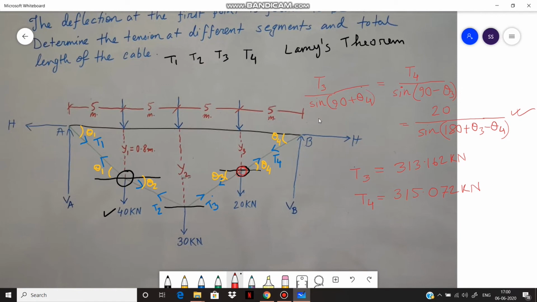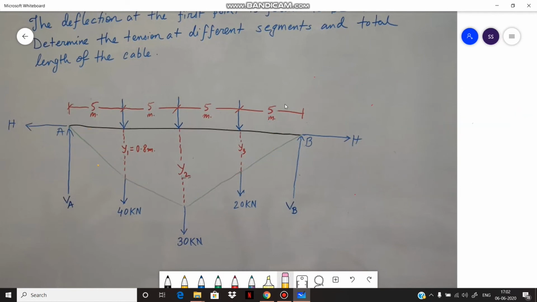So as you can see, we have calculated the tensions that are acting at the cable because of the application of the loads. Now we have to calculate the total length of the cable. Total length of the cable, and what is this?